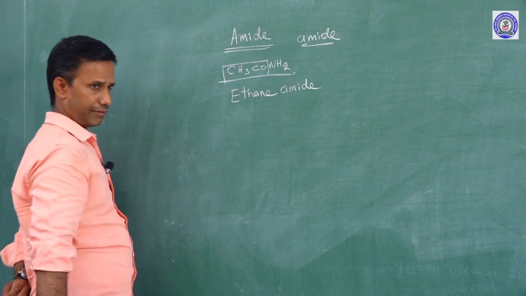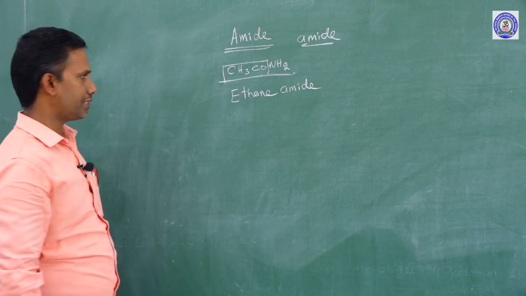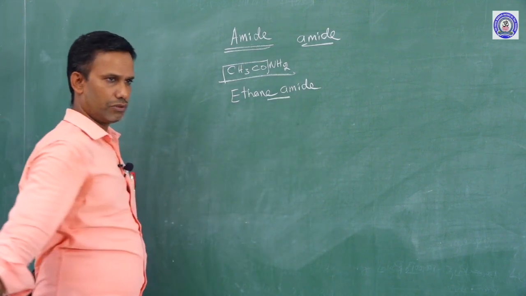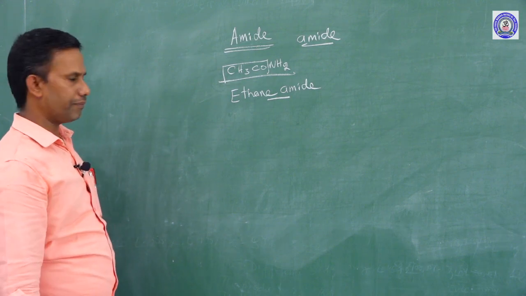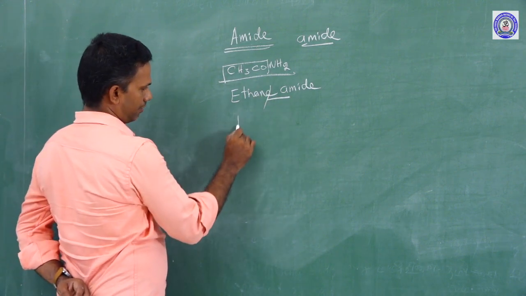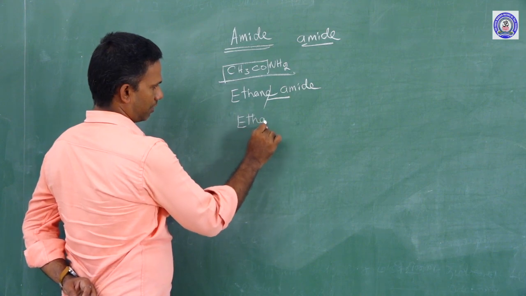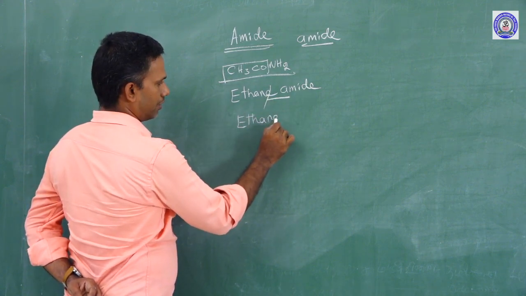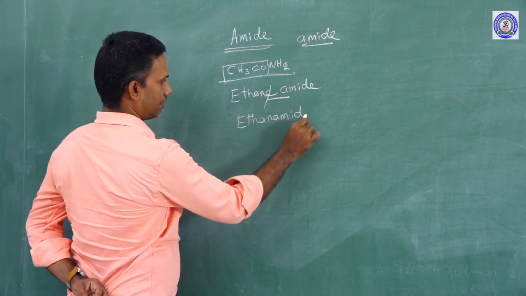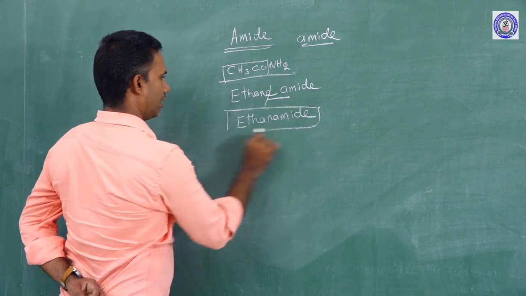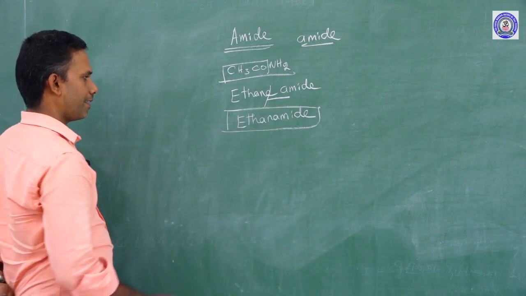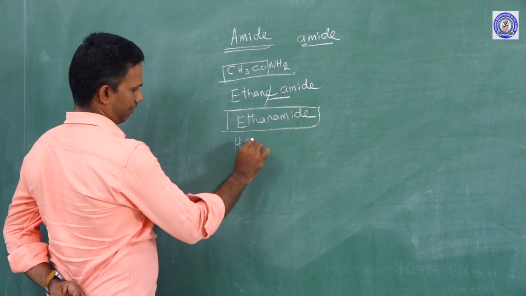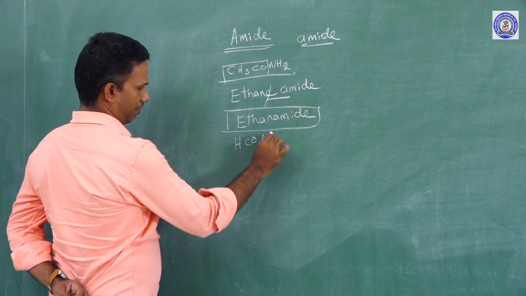Is it okay? It's not okay. Why? Because E and A, two vowels, cannot come together, so E should be eliminated. So finally you come to the conclusion: ethanamide. Ethanamide.